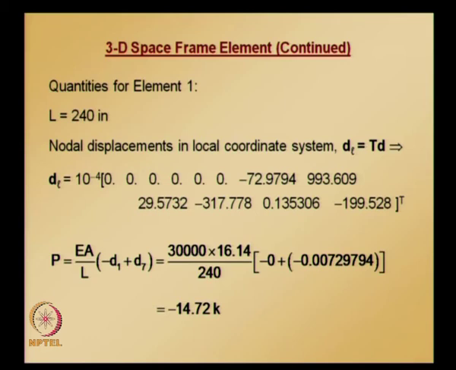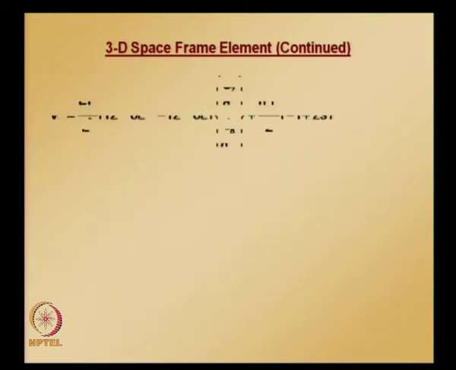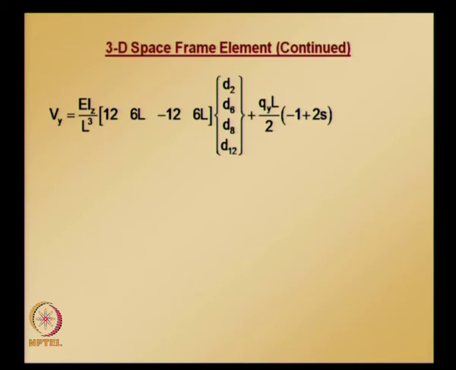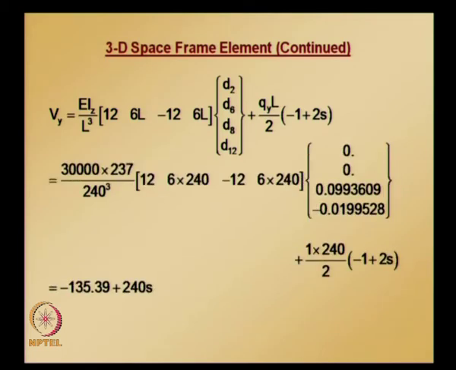So, for element 1 the axial force is obtained using this, all units are in FPS units, and for shear we need to apply the fixed end correction corresponding to distributed load, and this is going to be a function of S. So, substituting S equal to 0, we get shear at node 1, and substituting S equal to 1, we get shear at local node 2, or node 4 in the global node numbering.